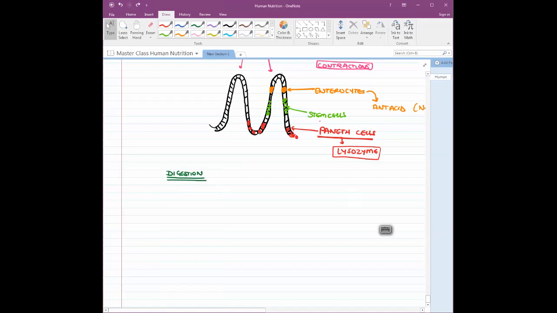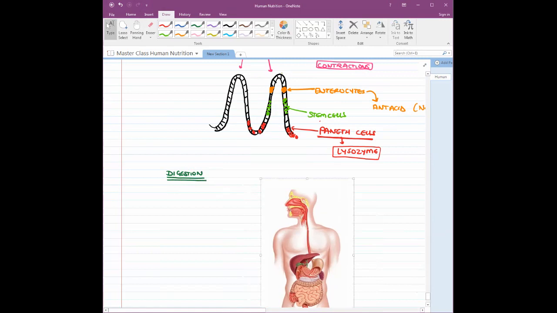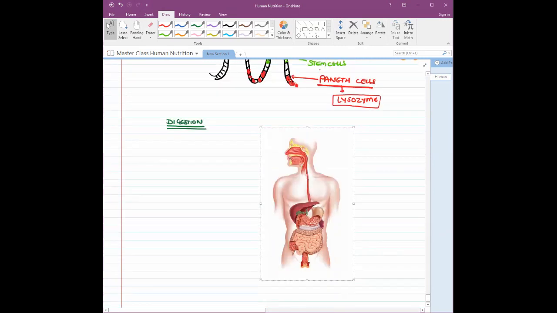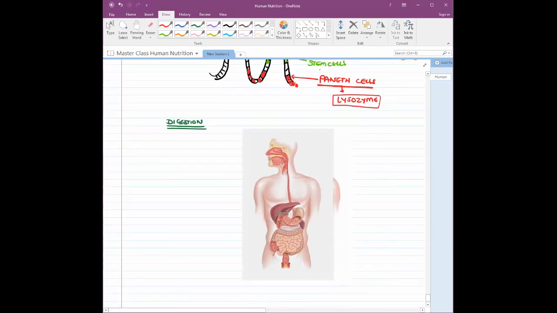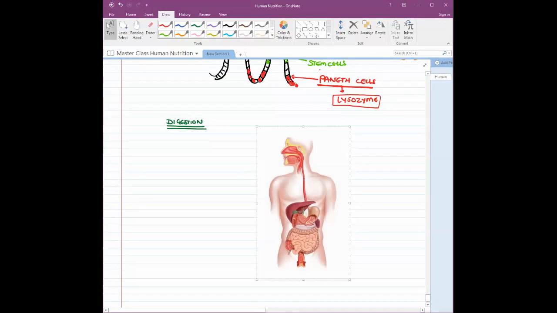You need to have this diagram, and you need to see where exactly this is going to take place. So let's imagine this is our diagram, and we are going to see that at different places, different things happen.